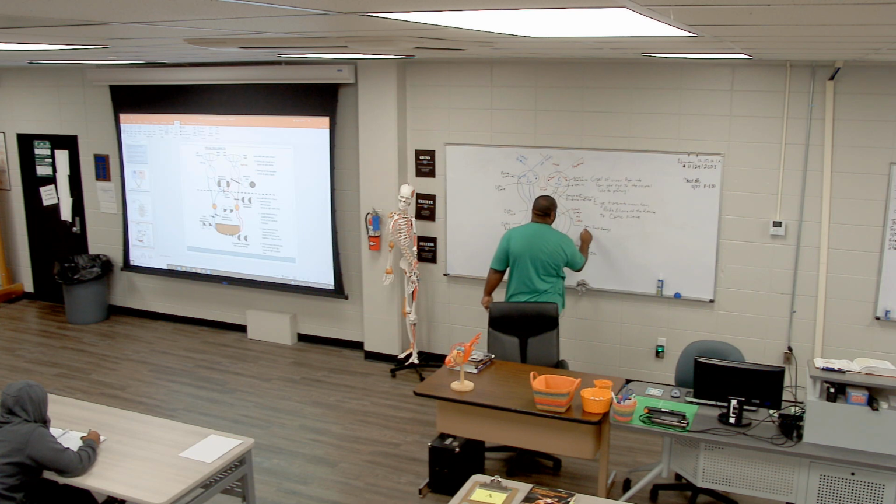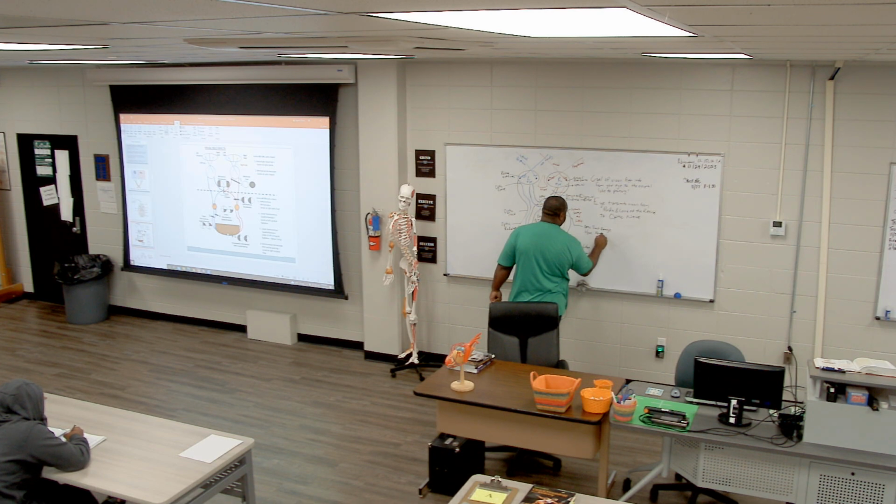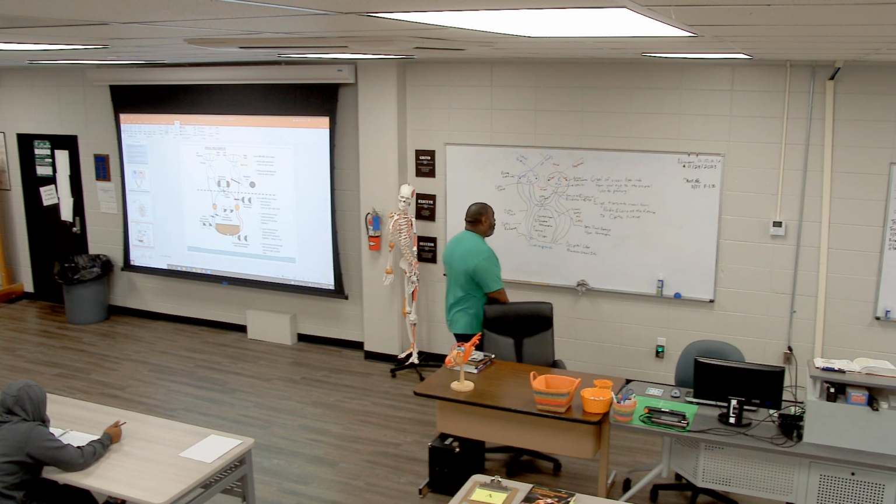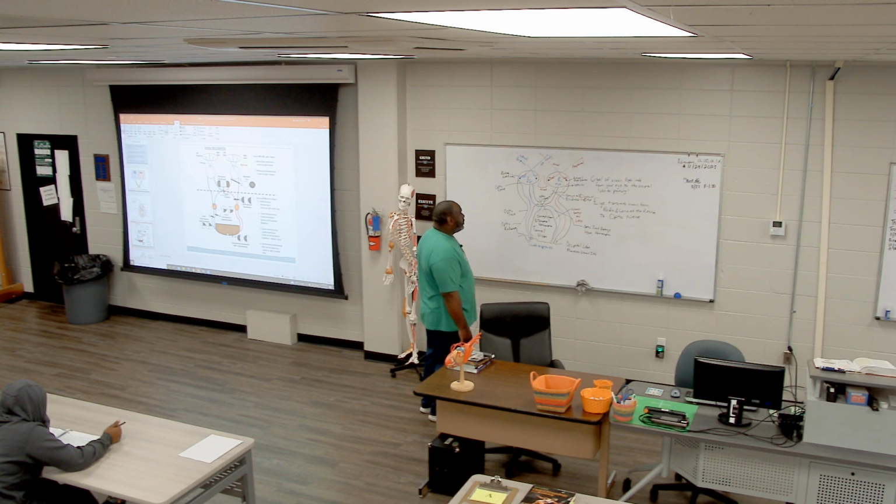So I'm going to end up with a homonymous, I can't even spell it, hemianopia. I'm just going to abbreviate it. I always misspell homonymous. But I'm going to end up with the homonymous hemianopia.